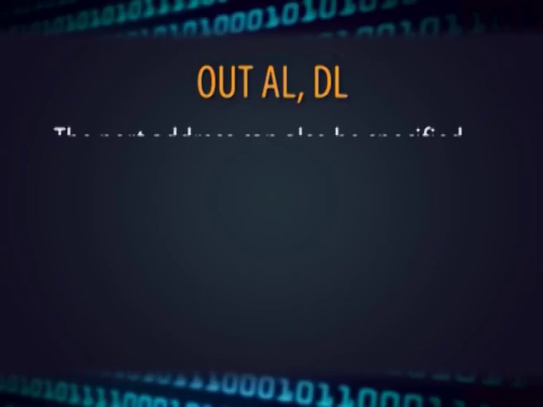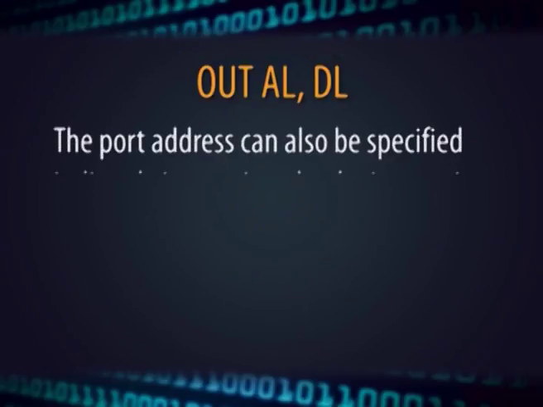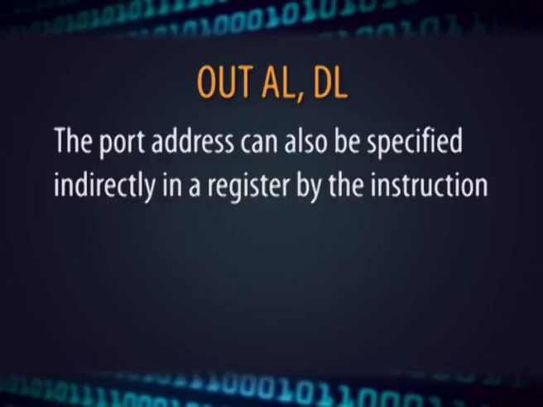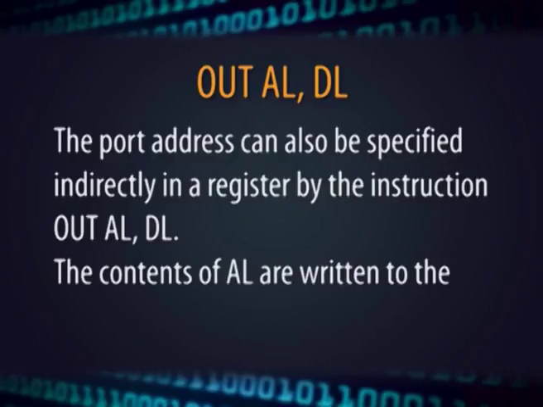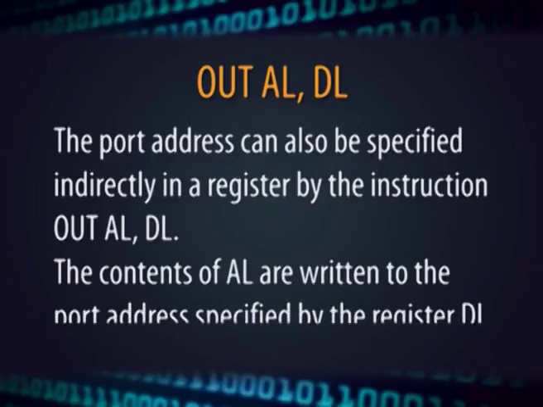The port address can also be specified indirectly by the instruction OUT DL, AL. The contents of the register AL are written to the port address specified by the register DL.